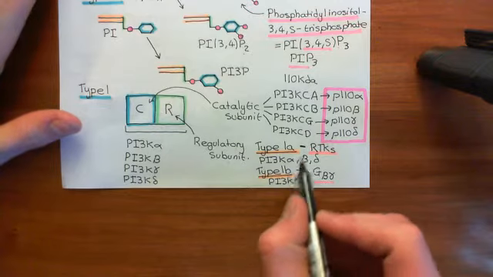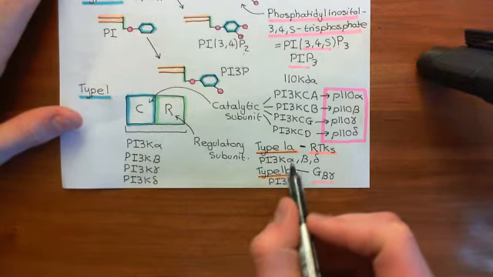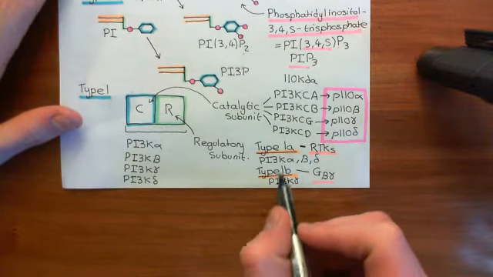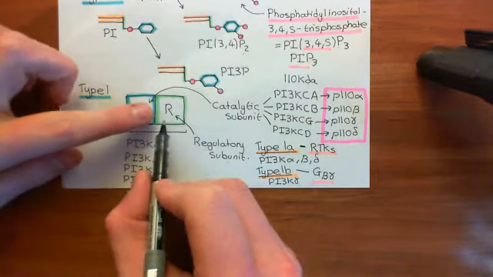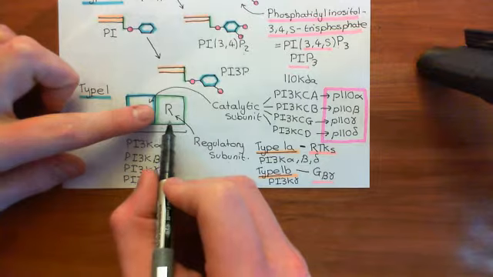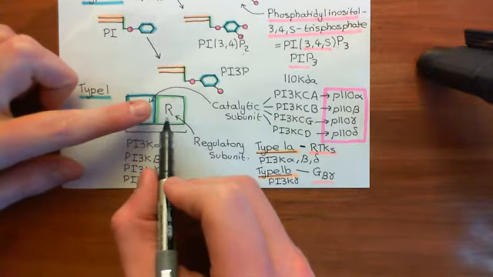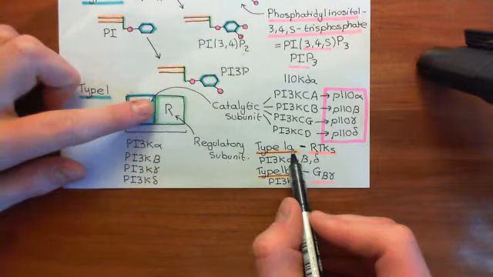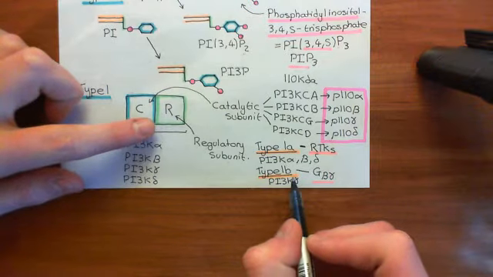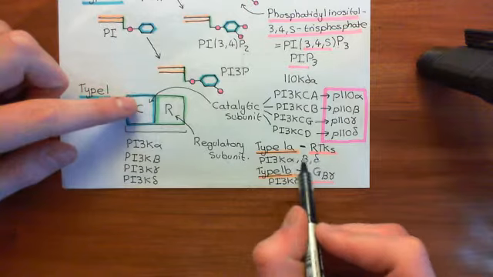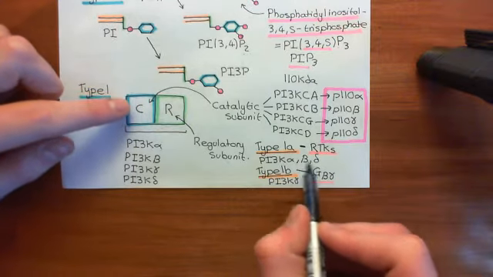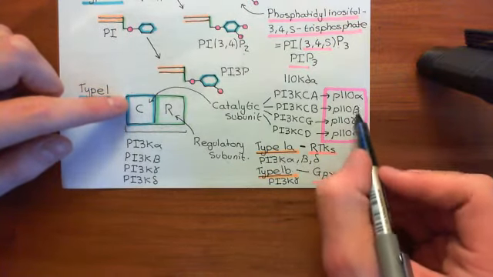Okay, right. So how is the regulation of these two different types of Pi3-Kinase type 1 enzymes so different? Well, it's because the regulatory subunit that the catalytic subunit is going to be bound to is going to be completely different in the case of the type 1As to the type 1Bs. Okay, so the type 1A Pi3-Kinase enzymes, which remember, these are characterized according to which catalytic subunit they have.